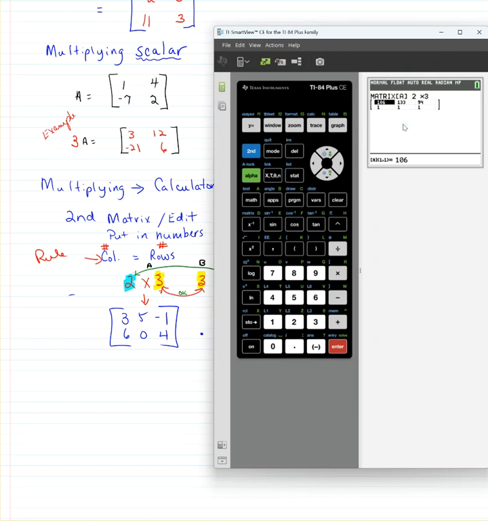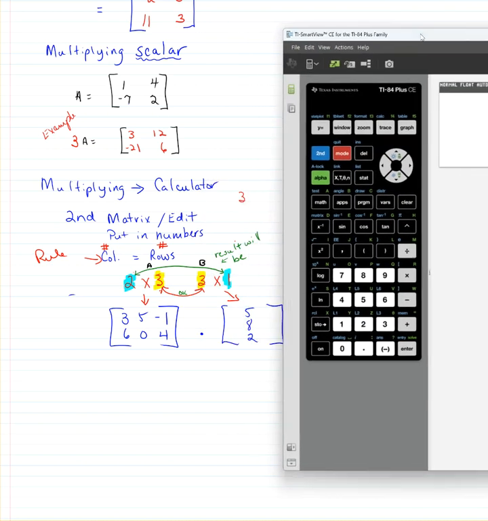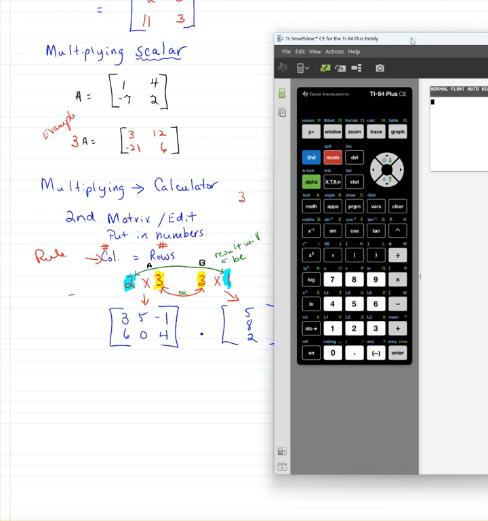We can just type over those numbers. So we've got 3, 5, -1. It'll pop us down to the next row, and we have 6, 0, 4. Once you're done, you double check that you've put it in correctly, and then do a second quit to get out of it. Now we want to put in the other one, which is 5, 8, 2. It's a 3 by 1.